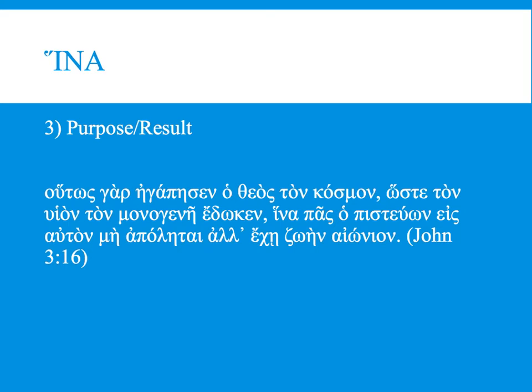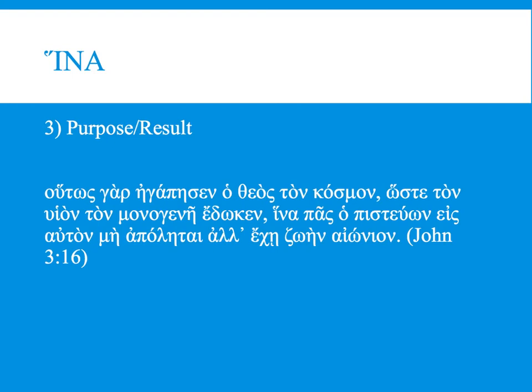While we might want to put all of the examples of purpose or result into neat categories where they're definitely purpose only or they're definitely result only, I think we've learned that language is not that simple, and there's a lot of complexity to it. So, for instance, here in this third category, let's look at John 3:16, which is a perfect example.